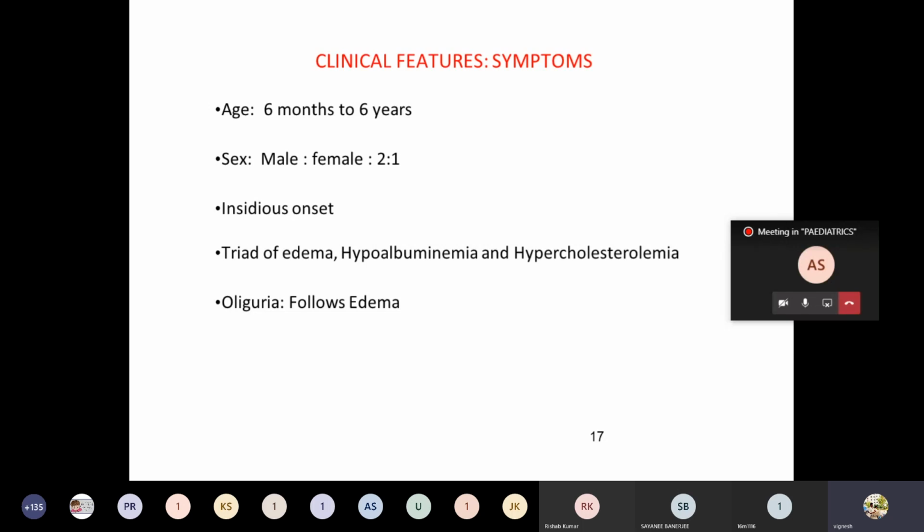And the cholesterol level will be shooting up. It has to be more than 200 milligrams per deciliter. And finally, as the edema progresses, the patients can have decreased output of urine. That is usually the terminology oliguria.